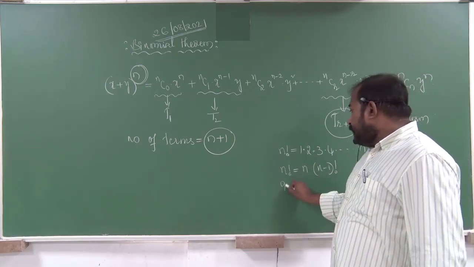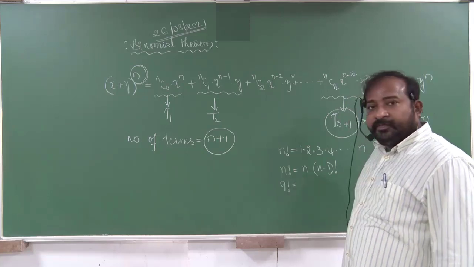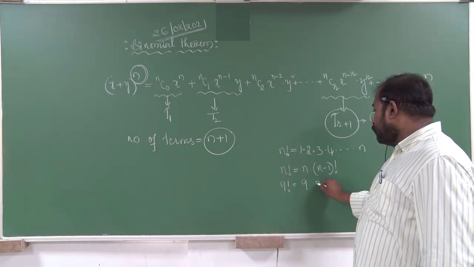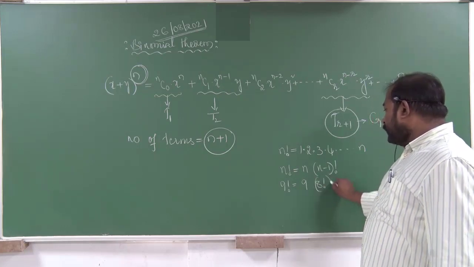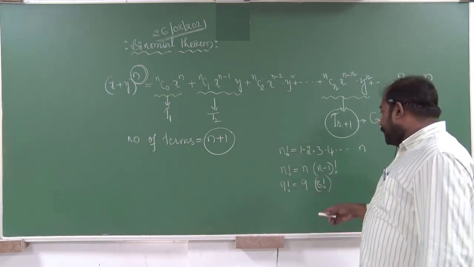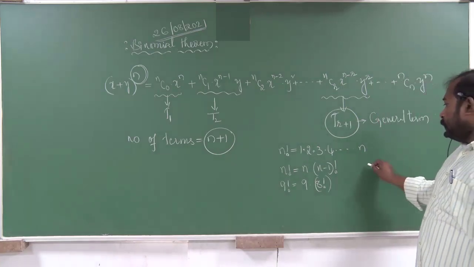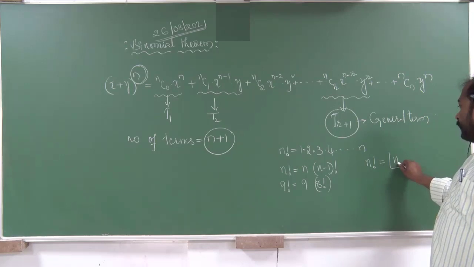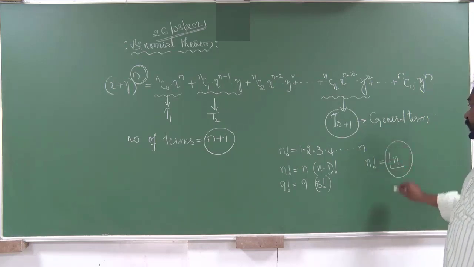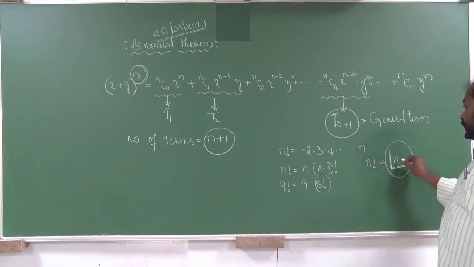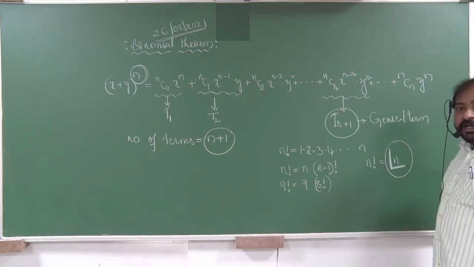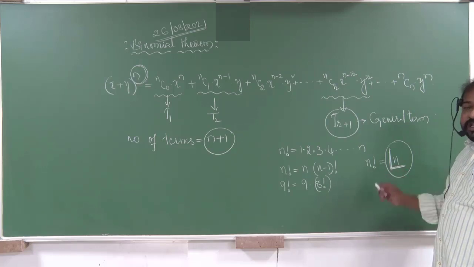For example, 9 factorial means 9 into 8 factorial. You can mention it like this also. And here one more: n factorial or factorial n. This is also one symbol for factorial n. Keep in your mind, both are the same.